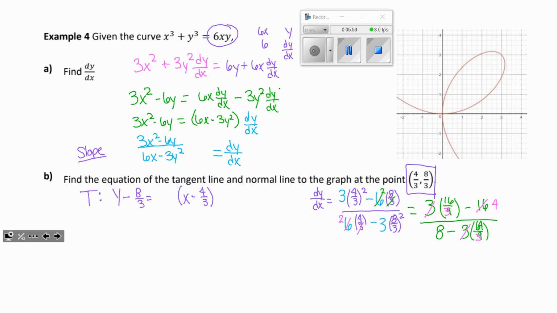So it's going to be 16 times 3, I think, is 48. So I'm going to write this as 48/3. 8 times 3 is 24, so I'm going to write this as 24/3. Now I can combine all my terms. I have 16 minus 48, which is negative 32.